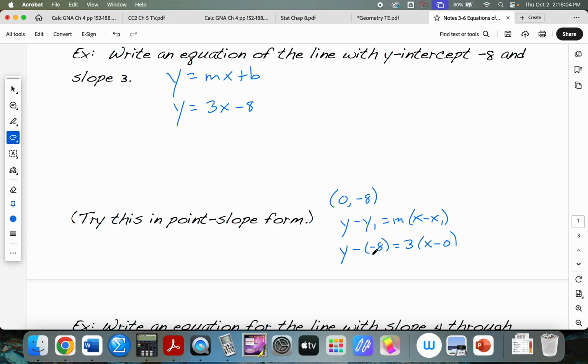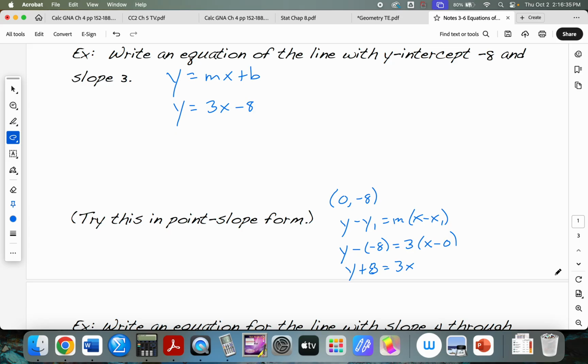What is y minus -8 the same thing as? Y plus 8 equals, what is x minus 0? If I have x and I subtract nothing from it, what do I have? You still have x. So this is 3x. Sorry, I put 3. Thank you. So it'd be y plus 8 is equal to 3x.